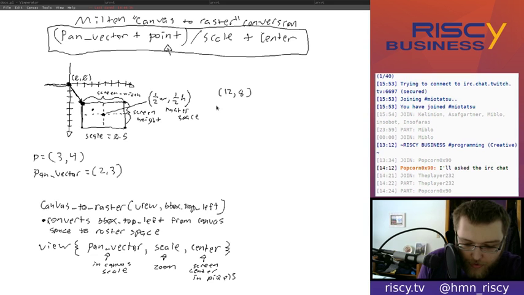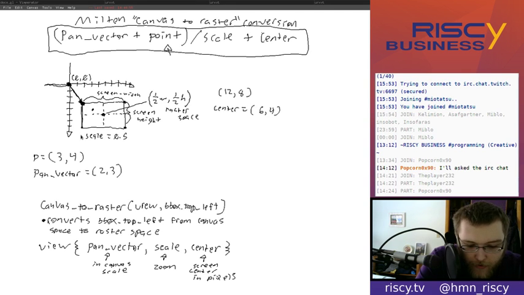Which means center equals 6, 4 because it's half. Yeah, that should be right.